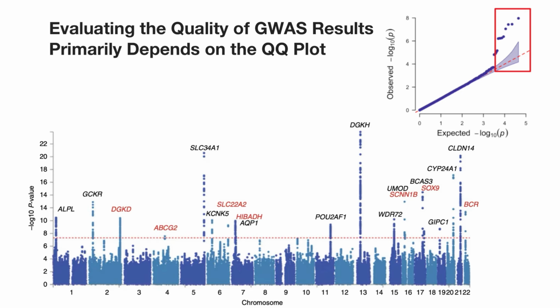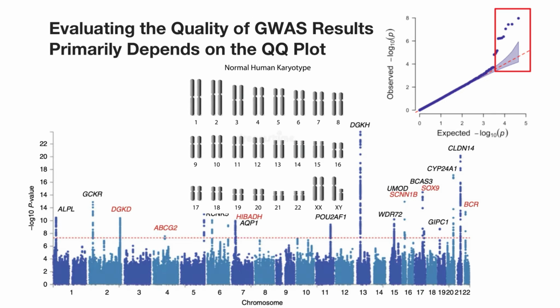In this case, 22 autosomes. Take a look, here is a human karyotype, and we have 22 autosomes and 1 pair of sex chromosomes. So autosomes go according to their size from the biggest to the smallest.